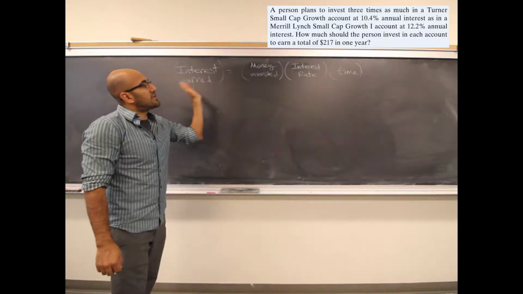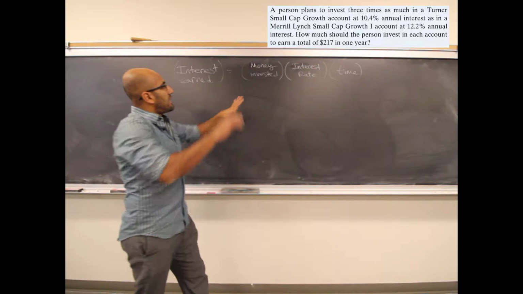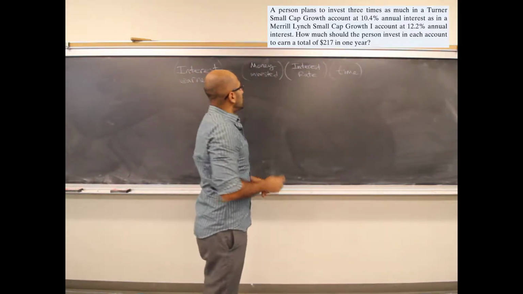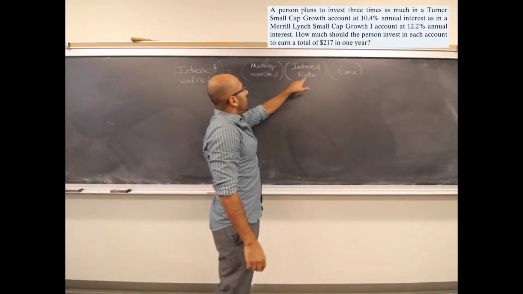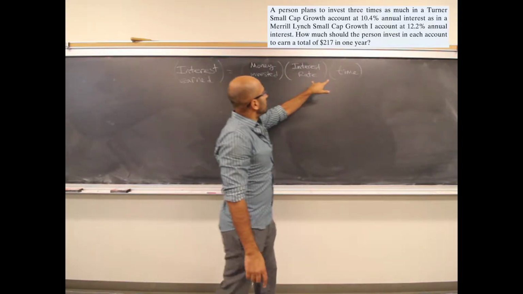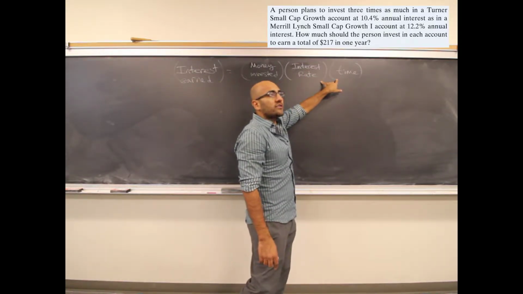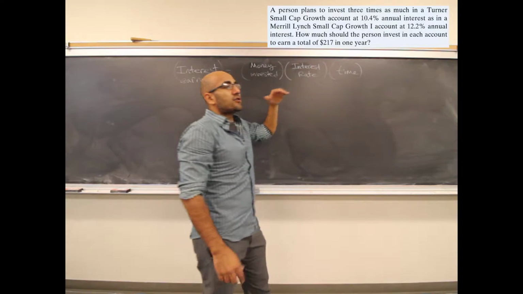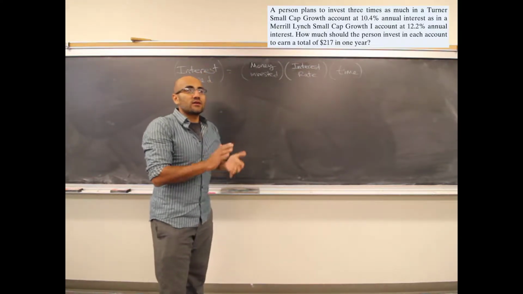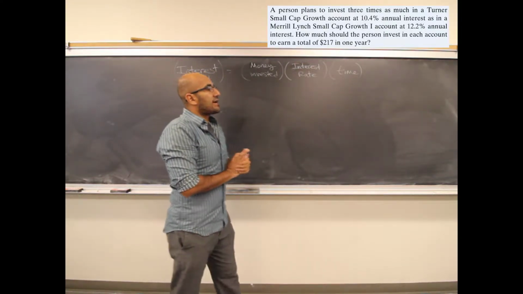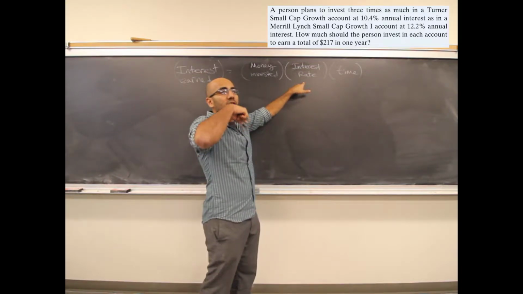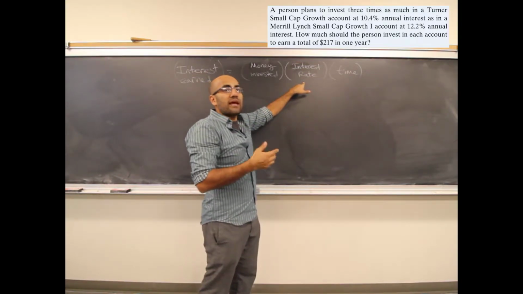Now, this formula can get a little bit complicated if you do some crazy stuff. The units have to match. In particular, this is where things can get a little crazy, because the interest rate could be given in a variety of ways. Maybe they give it to you in the form of returns, 5% per week.